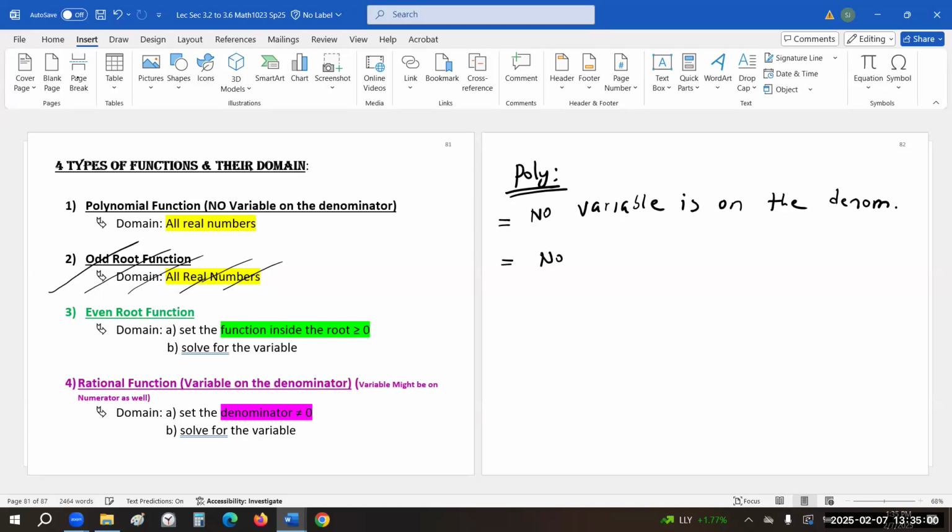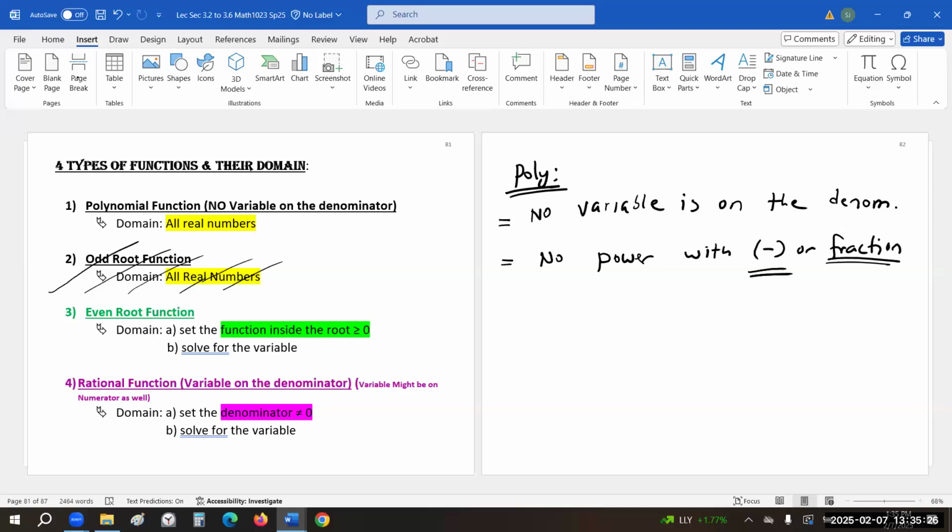They don't have any power that is negative or a fraction. If you have an equation that doesn't have any negative power or fraction power, and none of the variables is in the denominator, then it's a polynomial.